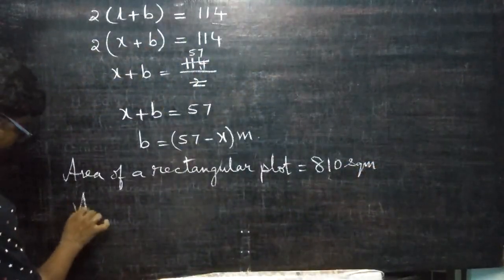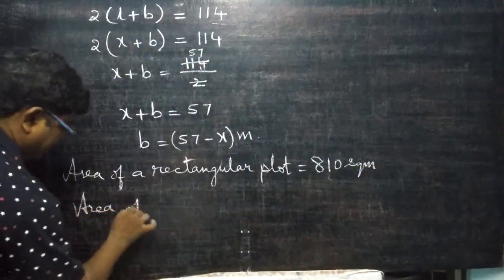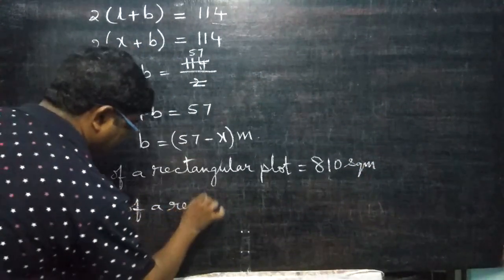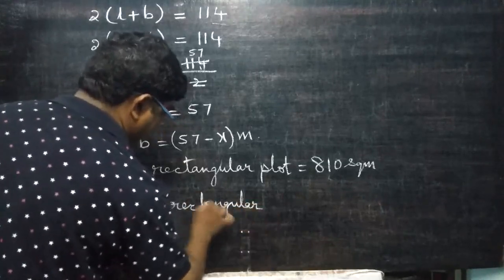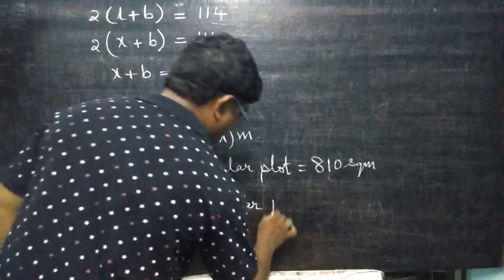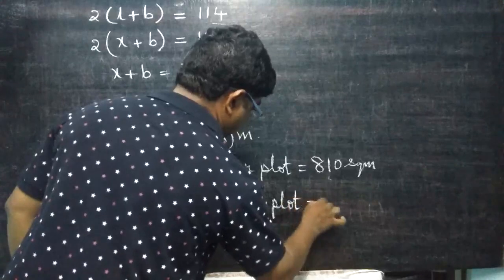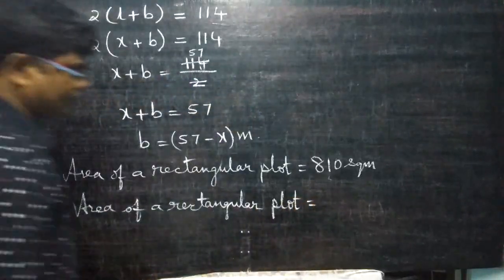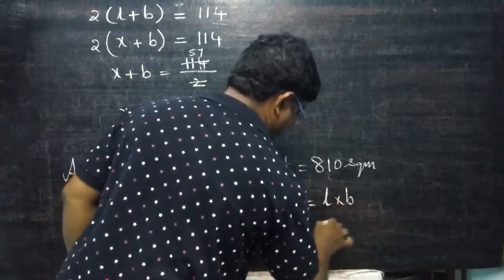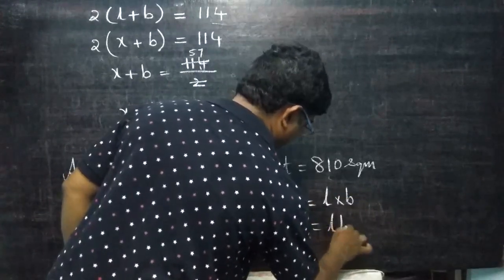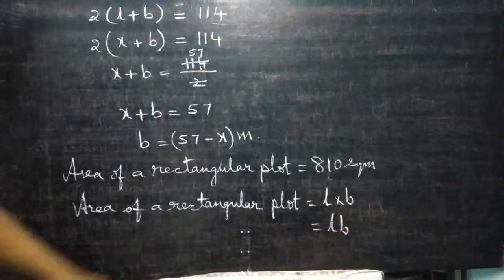And we know the formula for area of a rectangular plot. These all formulas you have to learn by heart and keep in mind. You have to remember all this. So please read formulas. Area of a rectangular plot is equal to length into breadth. We can write as L into B. LB.